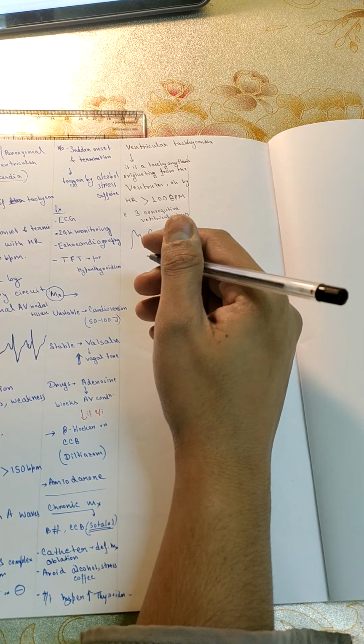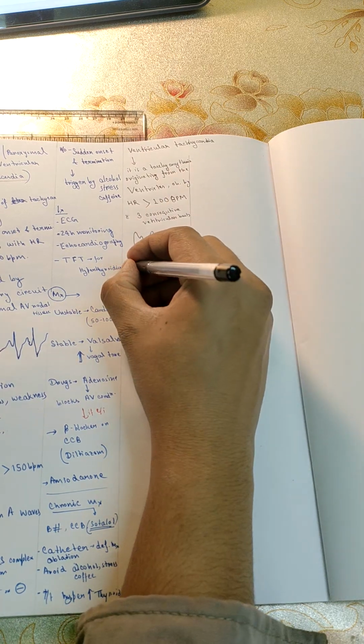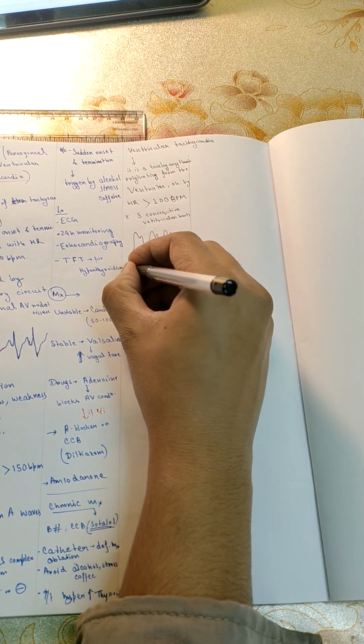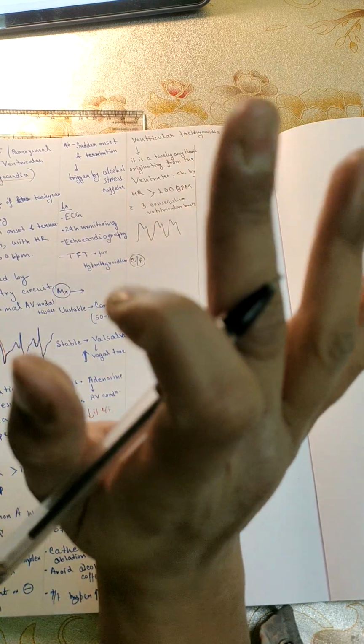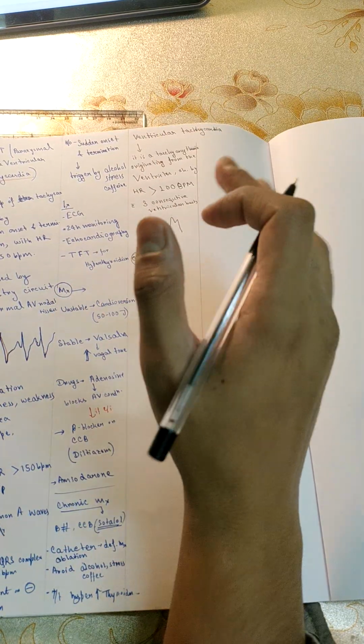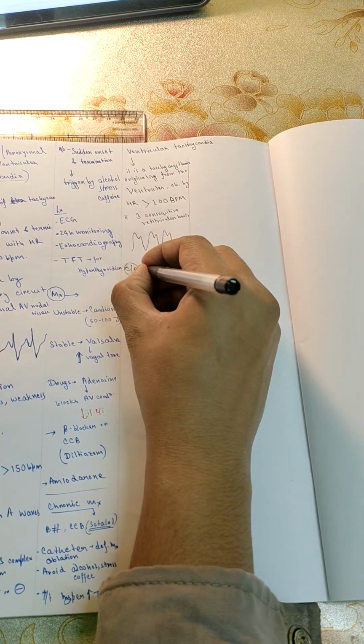We have multiple types. First, let's talk about clinical features. So as always: dyspnea, dizziness, chest pain, and sudden cardiac arrest.